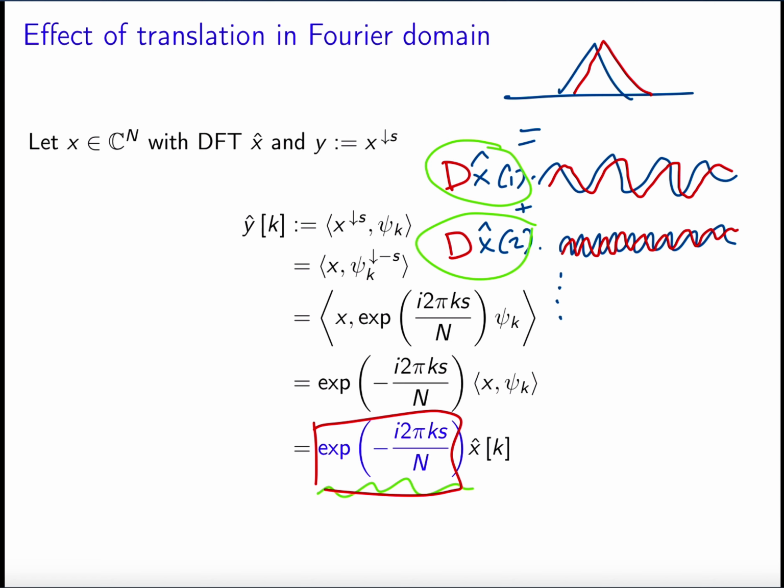Okay? So basically, when you apply translation to a signal, what happens is you're just multiplying its Fourier coefficients by a certain constant that is this complex exponential that depends on the frequency. That's all you're doing. Okay, and that constant actually has a very simple form. It has the frequency here, the shift here, and that's it.